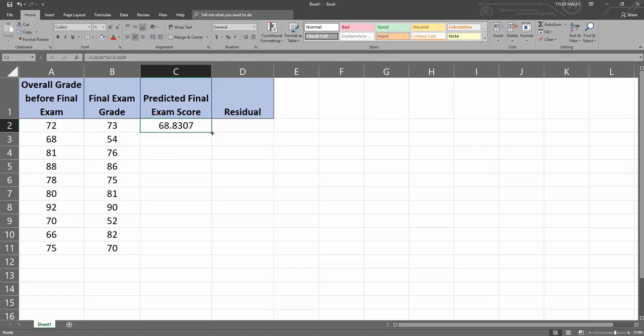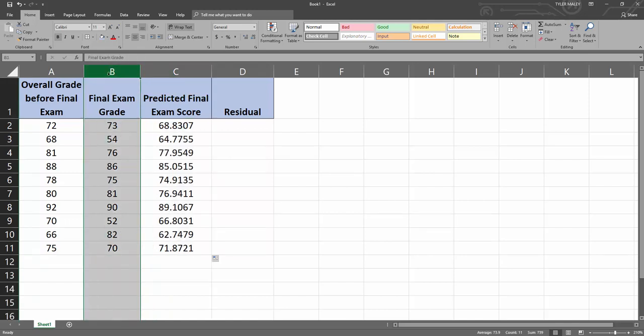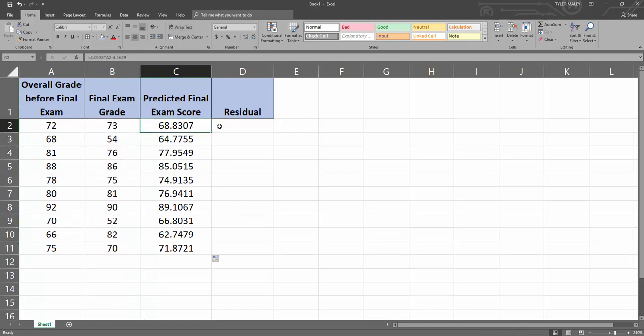I can just fill this down. Excuse me, that's not the residual, it's the predicted final exam score. It's calculating the y values essentially. So all of these values are predicted, where these values are observed, in column B. These are what actually happened, and this is what's predicted.